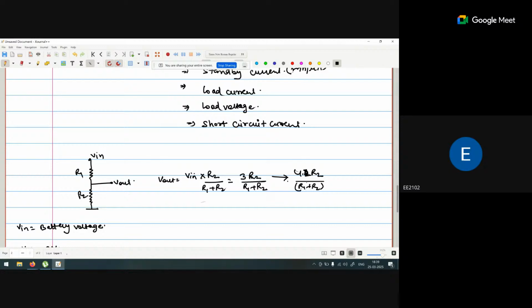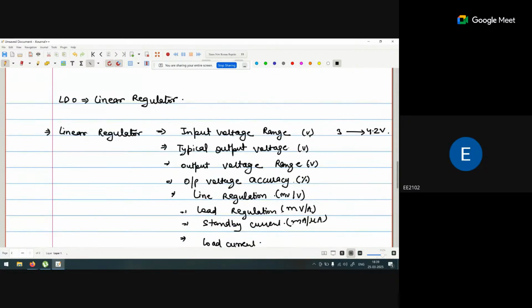So my V out range is from 3 into R2 upon R1 plus R2 to 4.2 into R2 upon R1 plus R2.